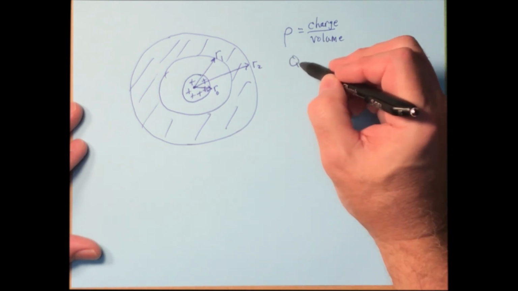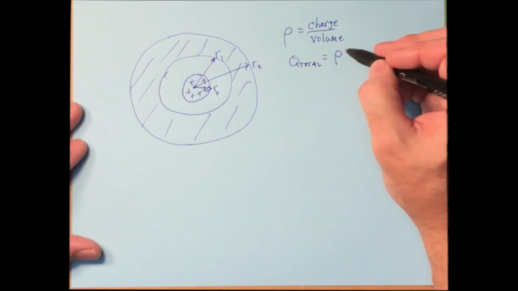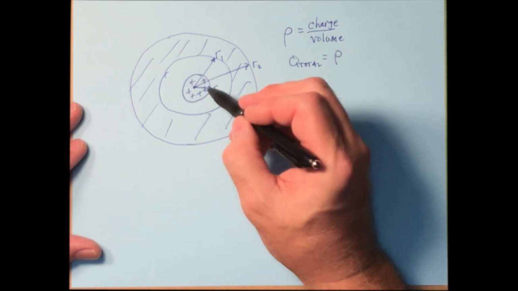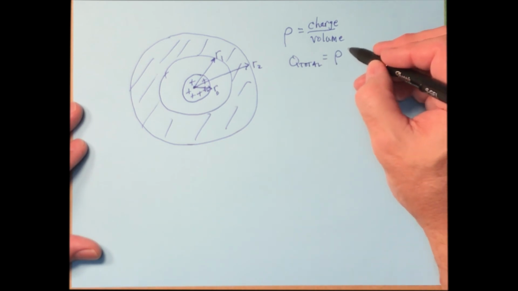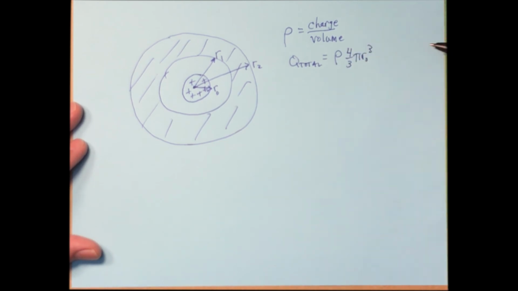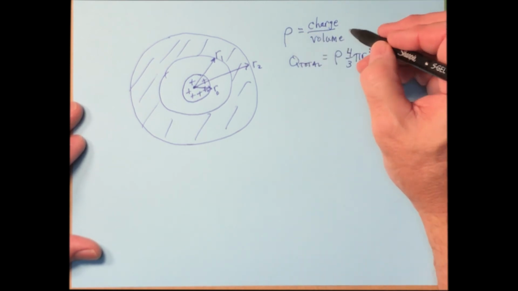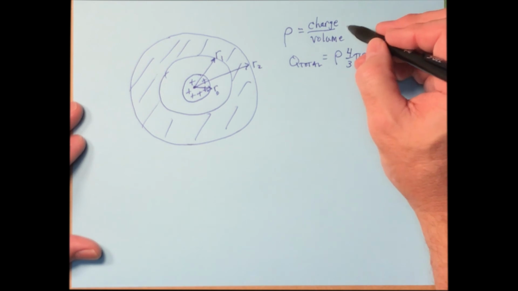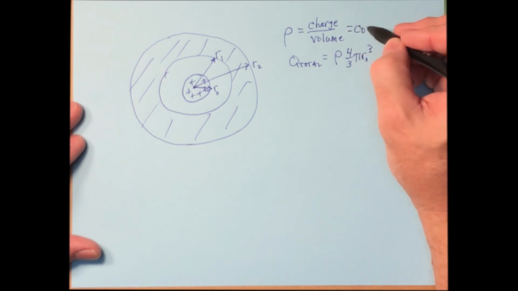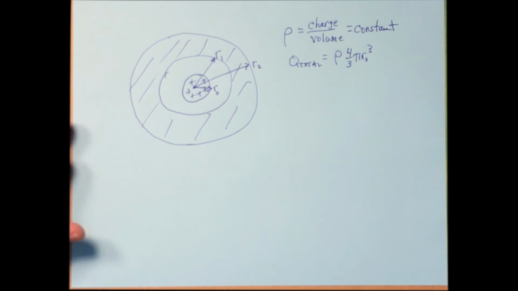The Q total is going to be rho times the total volume that has the charge in it, which is 4/3 pi R0 cubed. So that's the total charge. The charge volume density is a constant. It doesn't vary with radius.